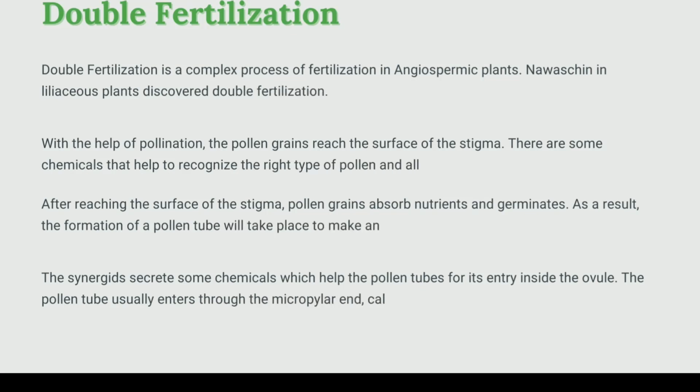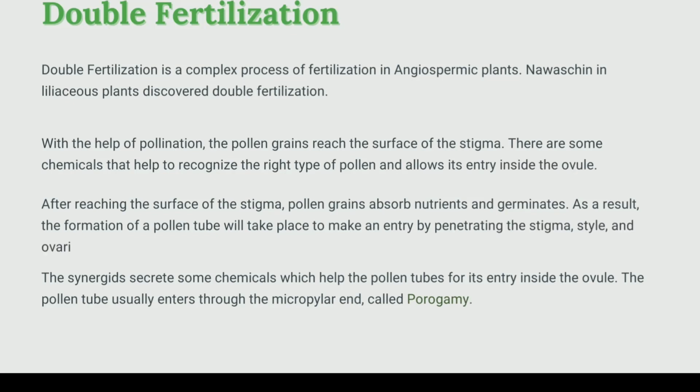As said before, Nawaschin discovered double fertilization in liliaceous plants, and with the help of pollination, the pollen grains reach the surface of the stigma. This is the entire process that I'm talking about. There are some chemicals that help to recognize the right type of pollen and allow its entry inside the ovule.